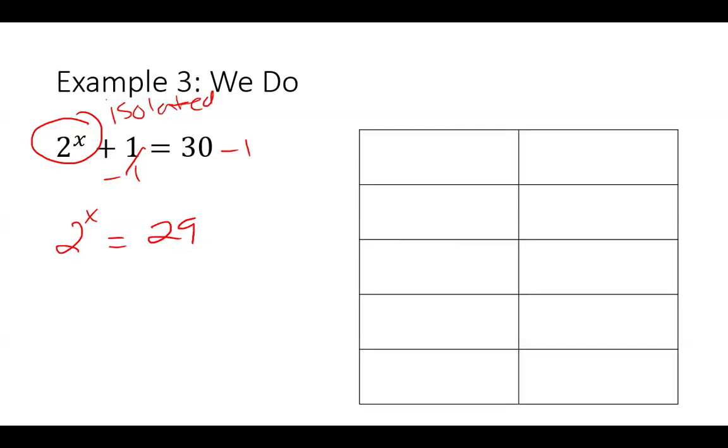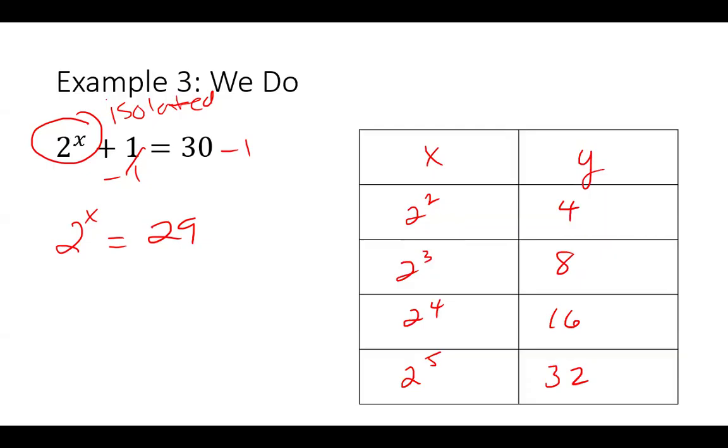And now it's the same process, correct? The only difference was I had to make sure it was isolated in order to be able to repeat that process. So I have 2 squared. I'm going to just jump in at 4. 2 to the 3 is 8. 2 to the 4 is not 32. It's 16. 2 to the 5 is 32. Do I need to keep going?